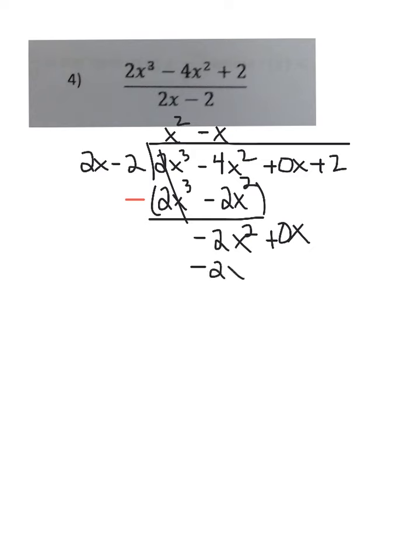I want these guys to be the same, right? Okay, and then we're going to multiply a negative x times a negative 2. Just be careful, that's 2 negatives. So that's going to be positive. So we've got positive 2x. Close those. And we are going to subtract them.